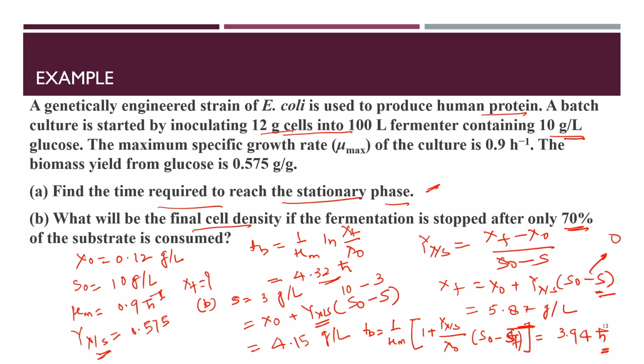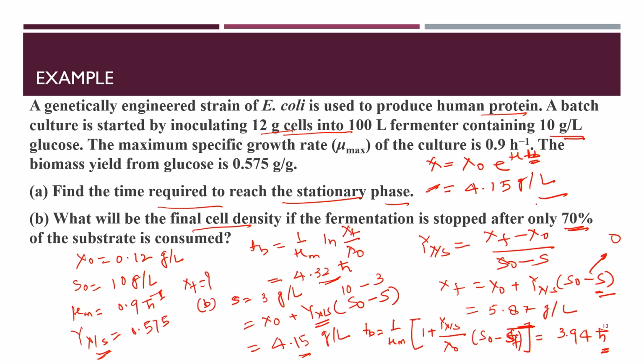Now, you can back calculate the biomass. How are you going to back calculate the biomass? For part B, you can back calculate the biomass as x equals x naught e to the power mu into TB. The batch time we calculated is 3.94, mu is given, x naught is known, and again we will get the same answer, 4.15 gram per liter.